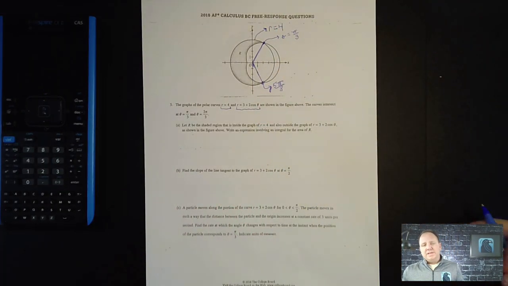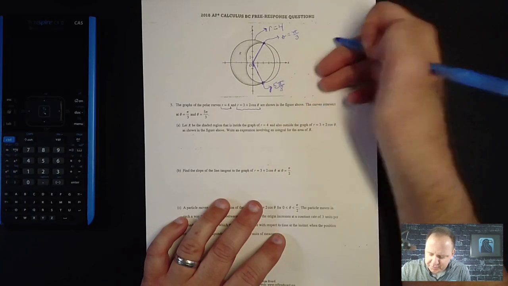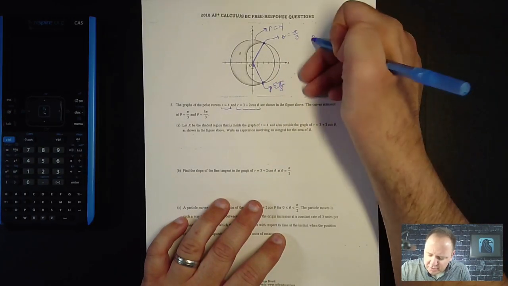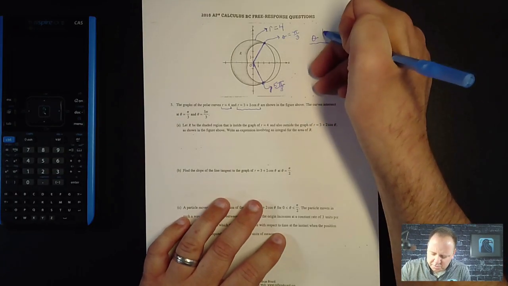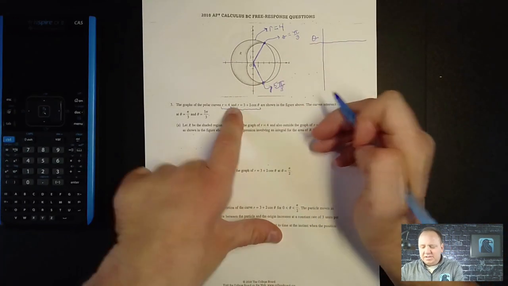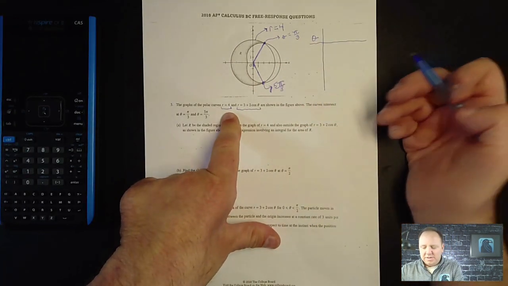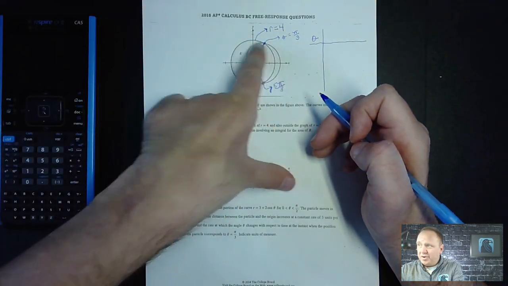Now here's the important piece, and this is what I always tell my students: understand how this thing's being built. So you always want to start with your theta. Now, I don't need to look at what r is equal to 4 is. We know r is equal to 4 is this circle that's going around here.